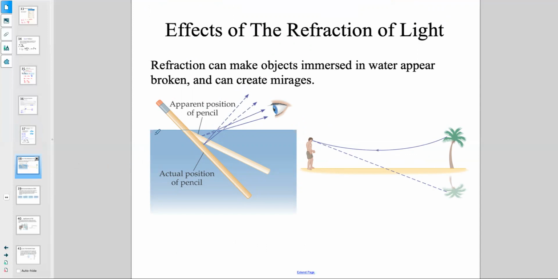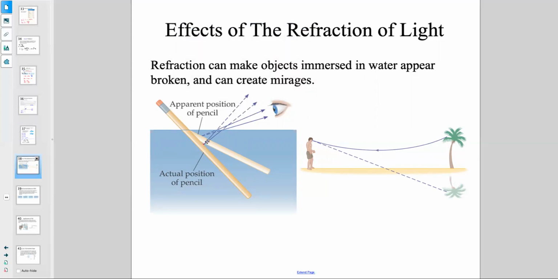For example, if I have a pencil located inside this water, this is its actual position, but there are two beams of light coming out. That's the first one.